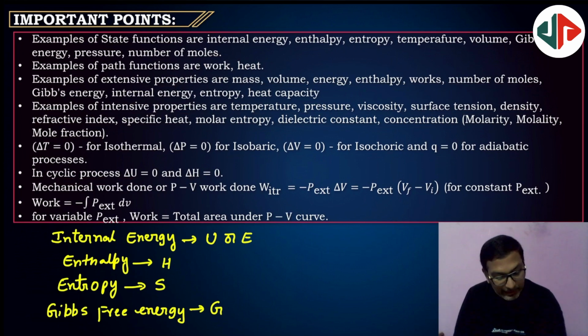Next, mechanical work or PV work, irreversible. Here it should be IRR, work irreversible equal to minus P delta V, where P is external pressure, and delta V is change in volume, final volume minus initial.